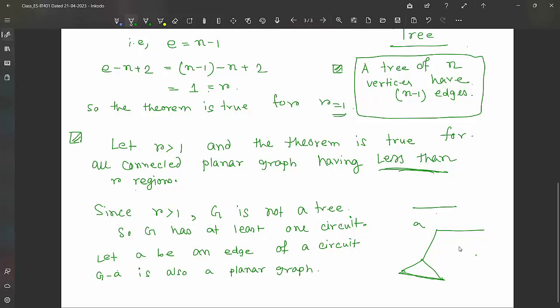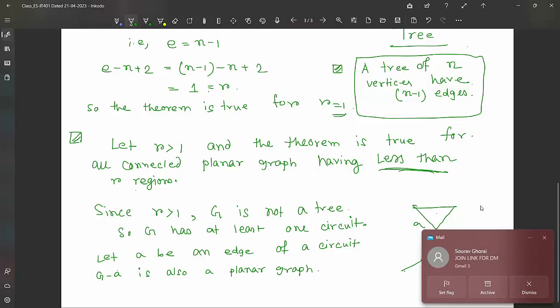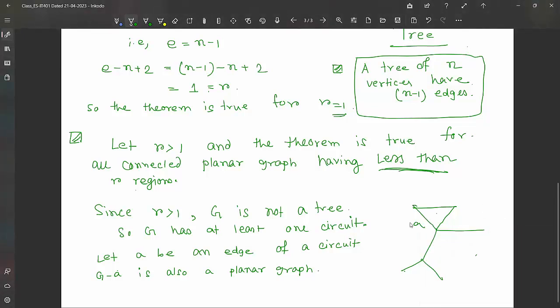Okay. Now, suppose we are taking only one circuit. Now we actually increase the circuit. Suppose only one circuit is there. Now this is suppose G, and after that we remove this edge A from this graph.